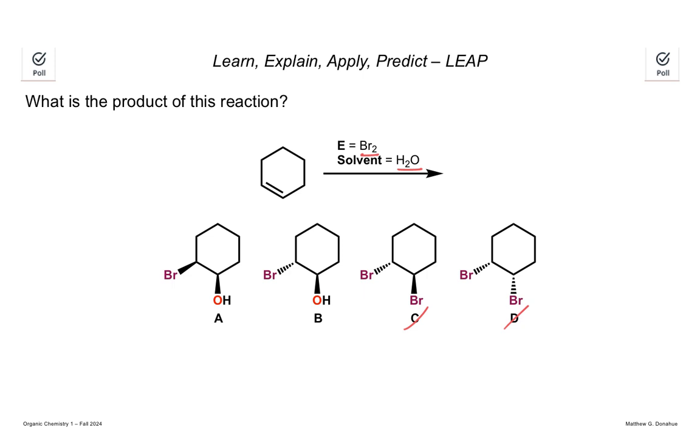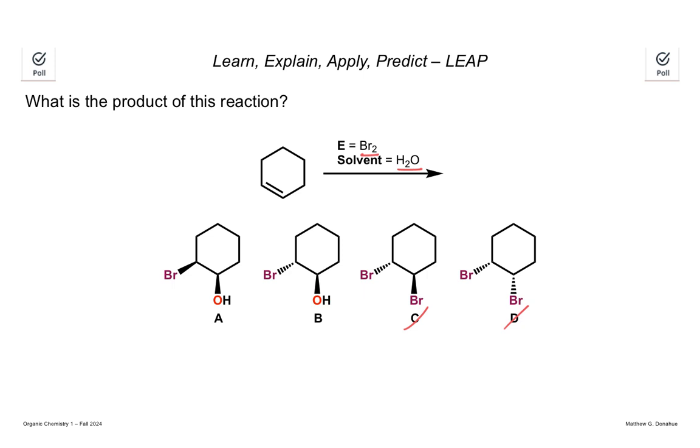And the difference between them is, notice the relationship between the electrophile and nucleophile you added. So here they're cis, here they're trans, or another way of thinking of that is syn versus anti.